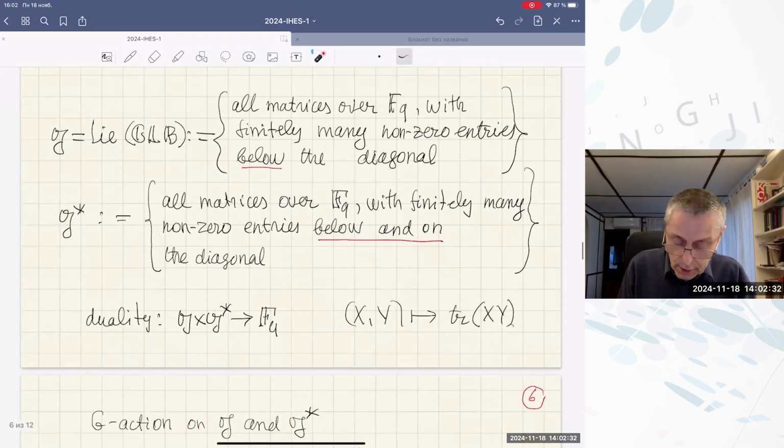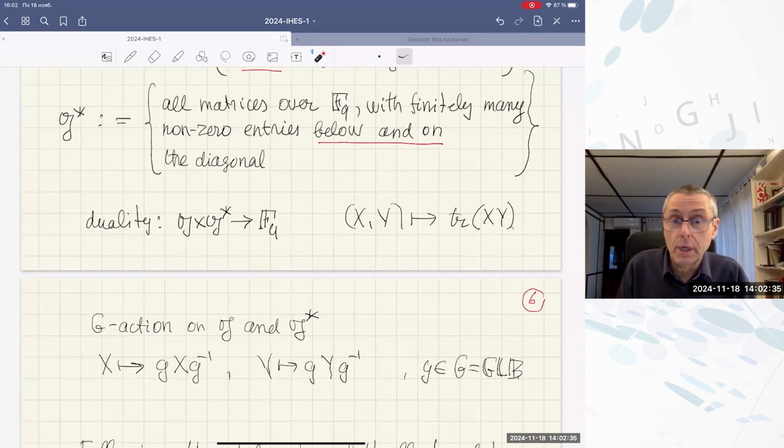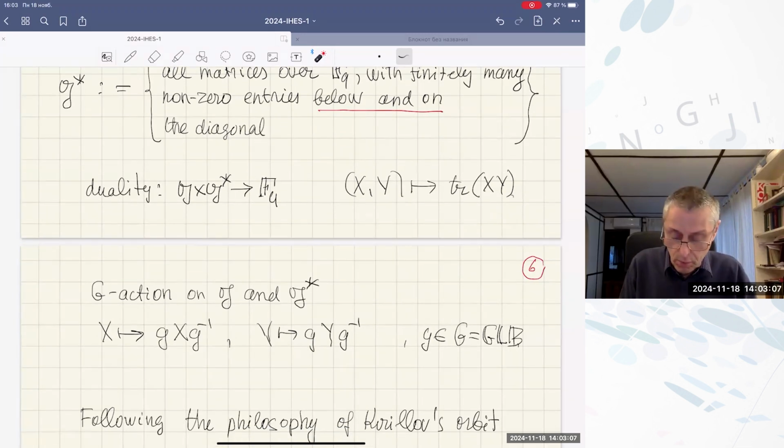And hence we have the adjoint representation and the coadjoint representation of our group GLB on these two spaces. We only need this one. And these actions are very simple. These are simply conjugations. We have to conjugate our matrices by a group element. So we have a coadjoint action.